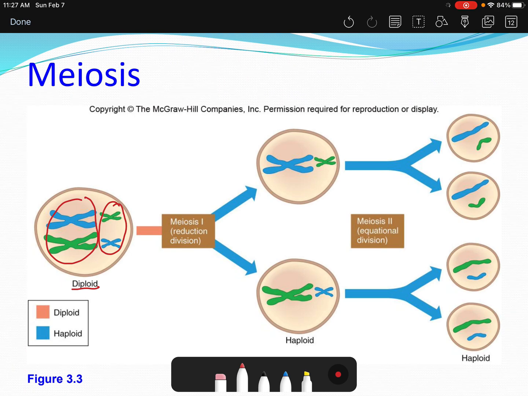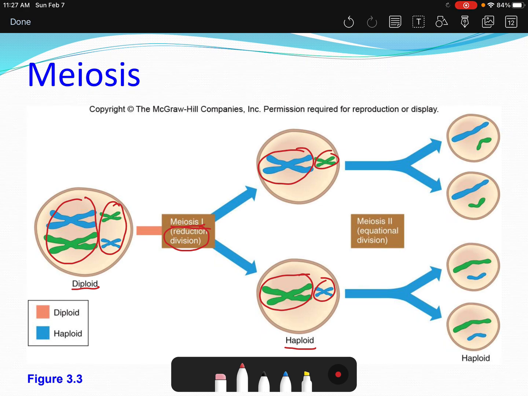And meiosis 1 is actually called the reduction division because we go from diploid to haploid. Now we only have 1 of every kind of chromosome instead of 2. So it's already after meiosis 1 that we have reduced the chromosome number from diploid to haploid. They're still replicated chromosomes, but we only have 1 of each kind.